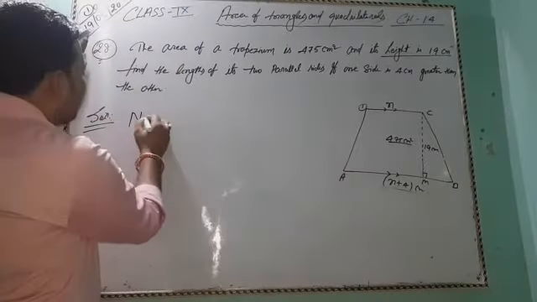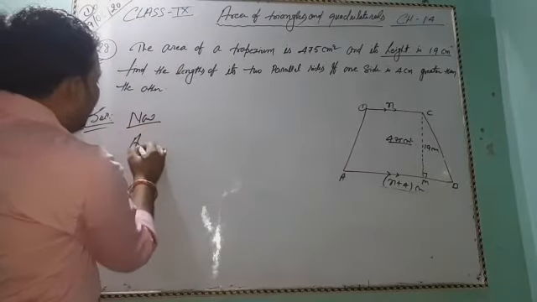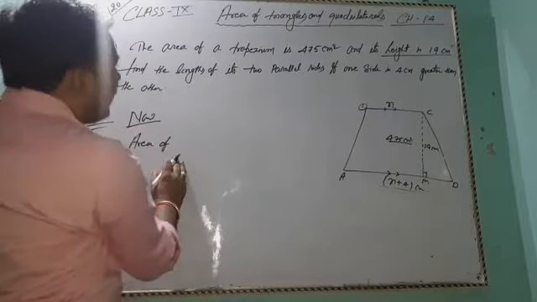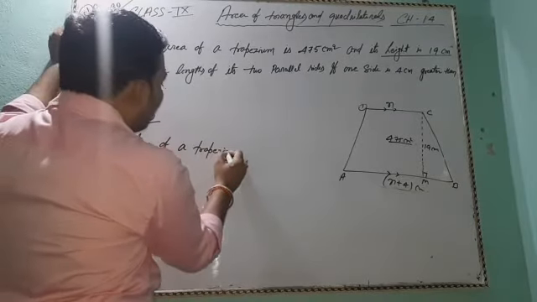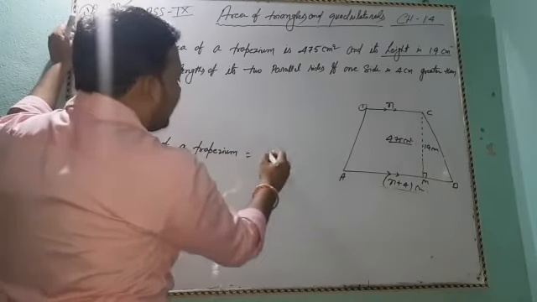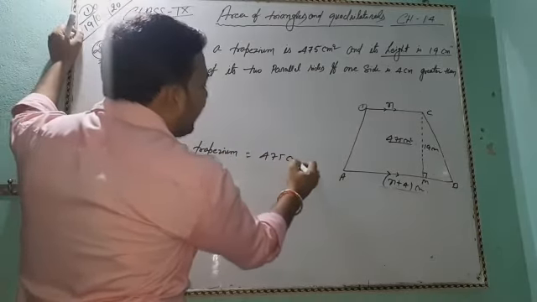Now the area of a trapezium is equal to 475 square centimeter.